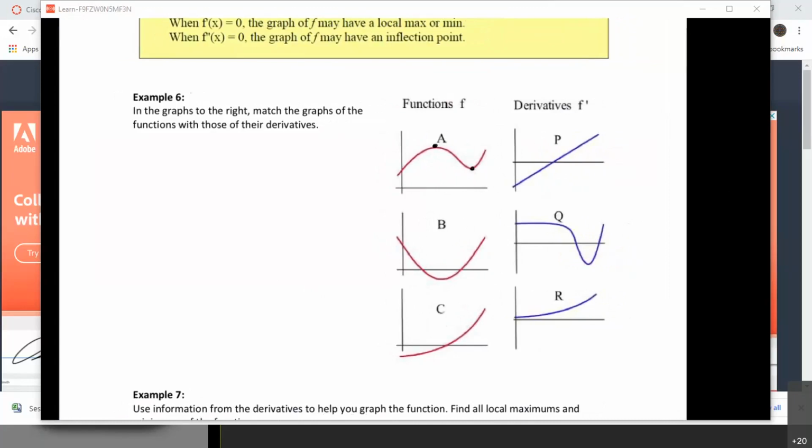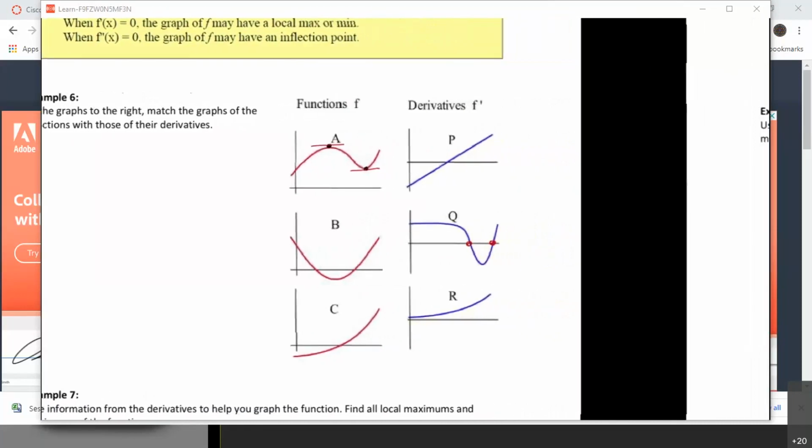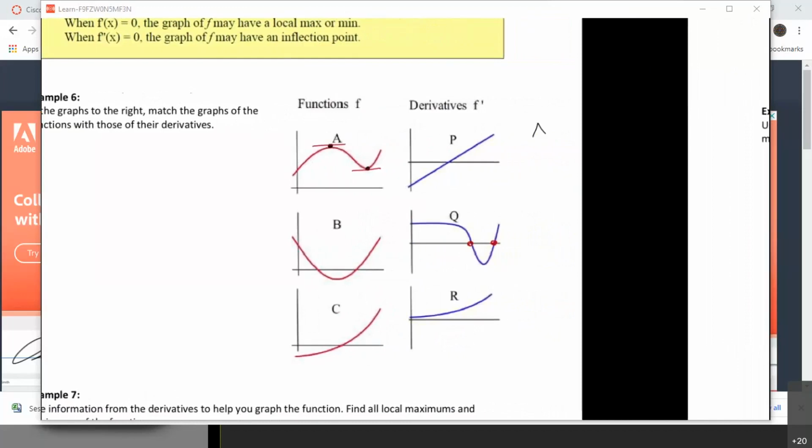Since this is where the graph has a zero derivative, a horizontal tangent line, the derivative of A has to cross my x-axis twice. Only one of these graphs crosses the x-axis twice. So again, turnaround points of your graph are x-intercepts of your derivative. So I would put A and Q together.